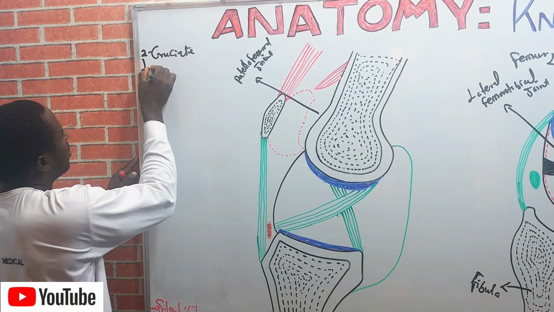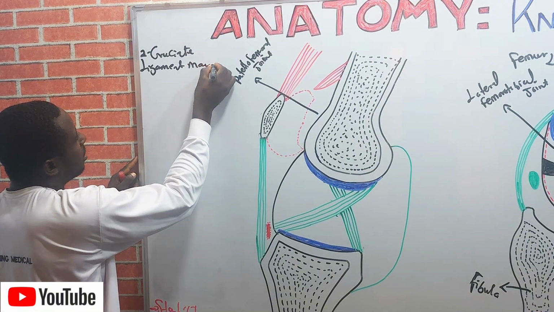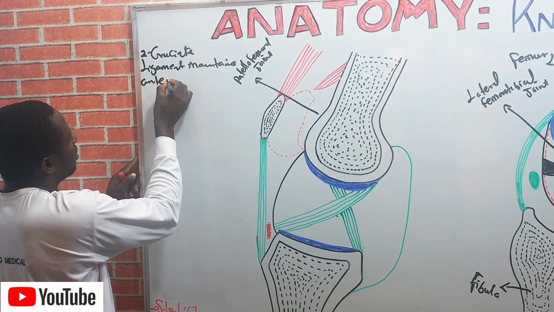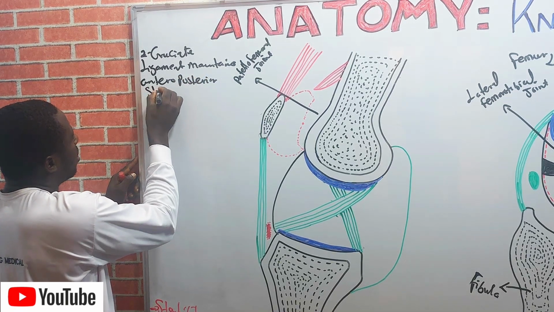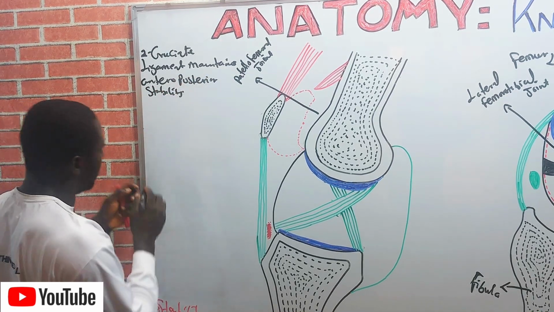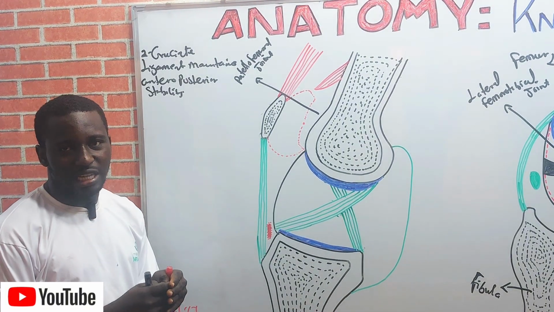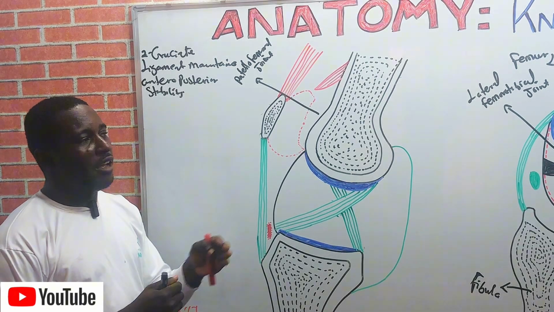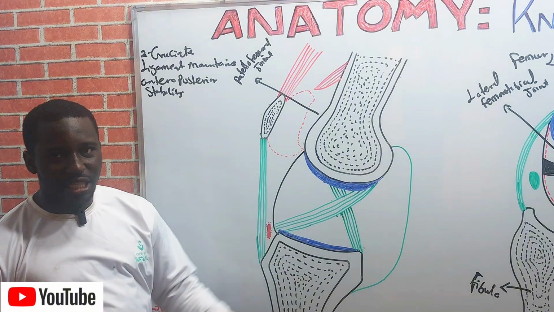The cruciate ligament maintains anterior posterior stability. Recall that we have two cruciate ligaments, and they help to maintain the anterior posterior stability of the knee joint.